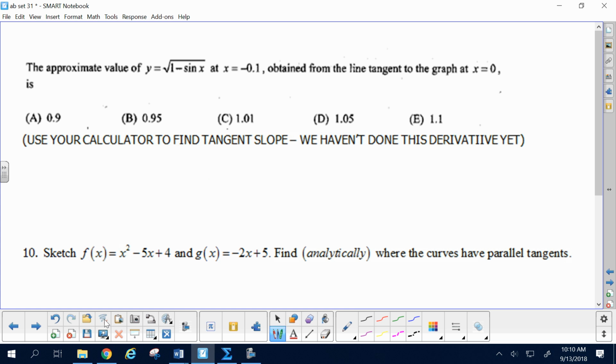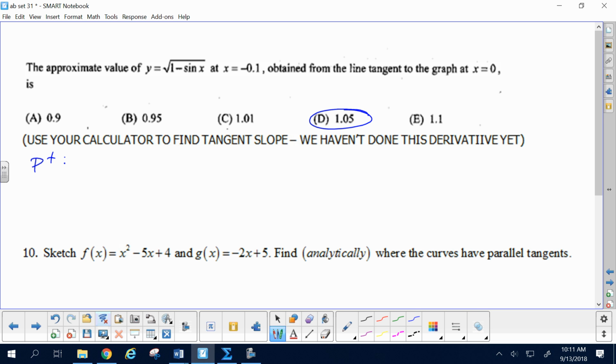This guy, 1.05, how did that go? Did that go okay? Go over that one, that did not go well. Okay, so this one is also the idea of using a tangent line. Now, first of all, the point. Am I going to use negative 0.1 for the point or 0 for the point? 0.